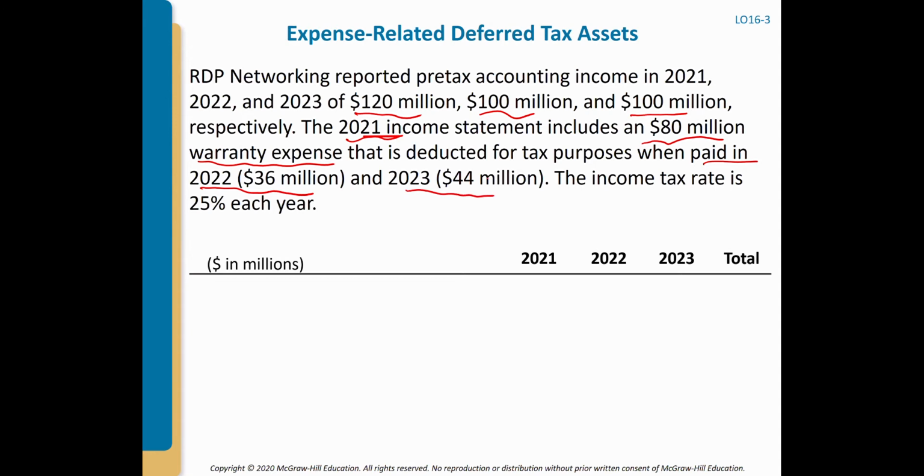If you look at this situation, what do we have here? We have the pre-tax accounting income of 120, 100, 100, which is given. And in 2021, we have a special expense, which is $80 million of warranty expenses. First of all, we need to understand what warranty expenses are.